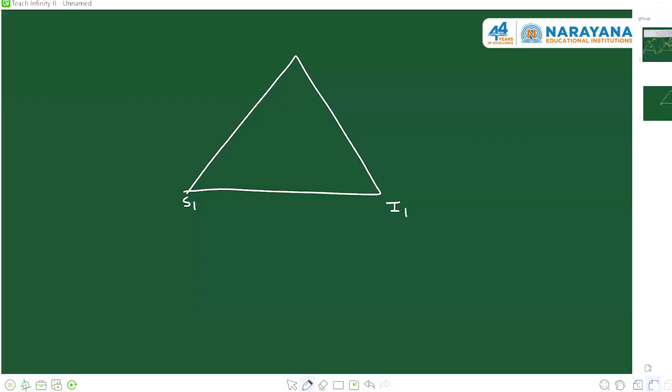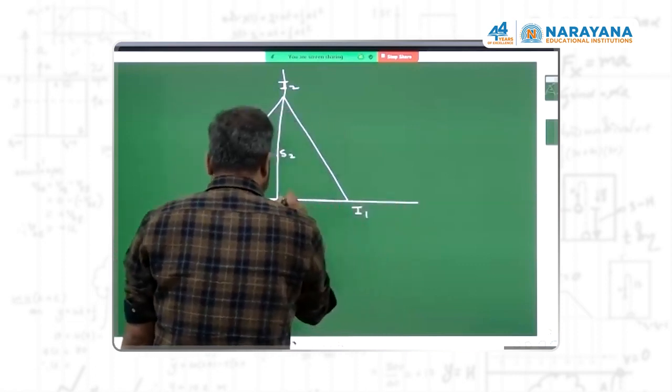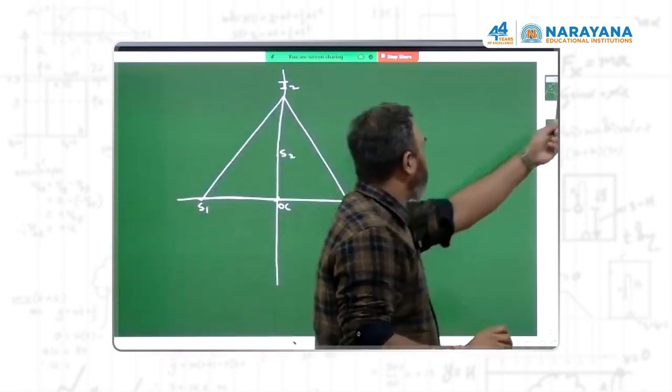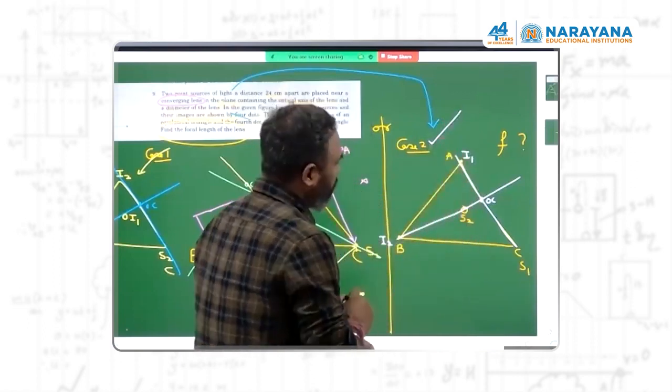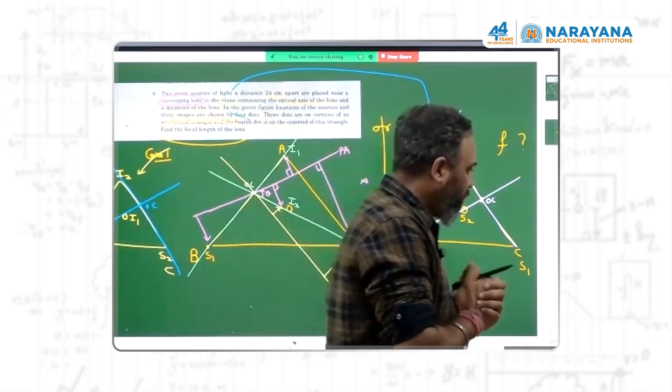This is the possibility now. This point is S2, and this is I2. The connecting line of S2, I2 and the connecting line of S1, I1. This point is now acting like my optical center. This is the same picture as what I have drawn here in case 2. So now I know this.